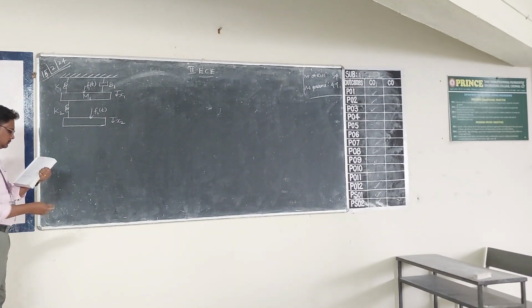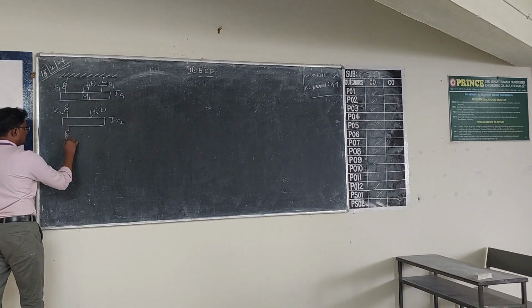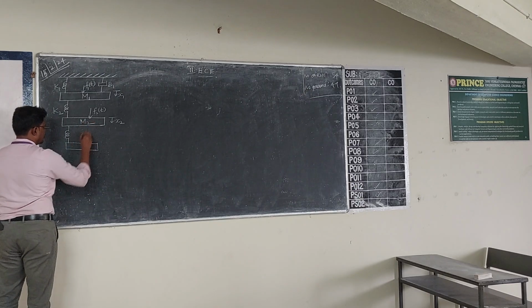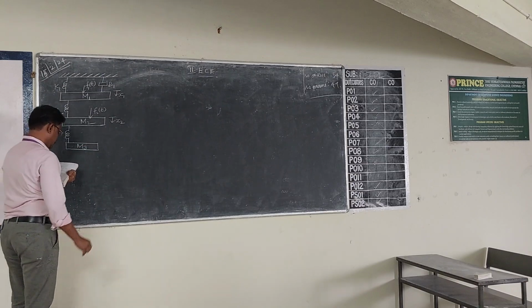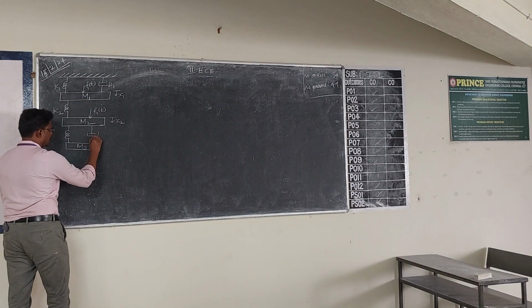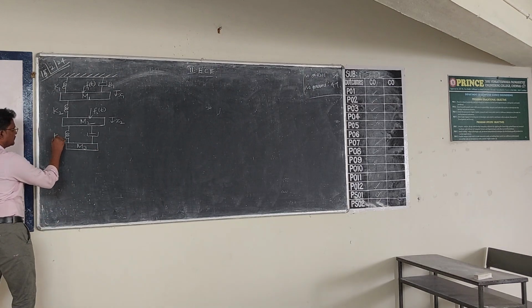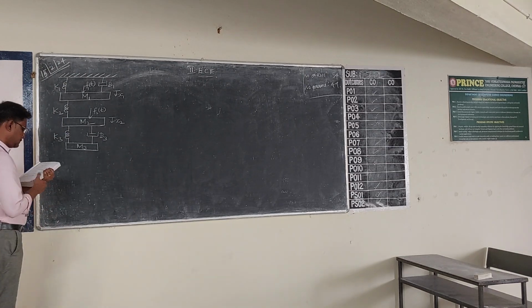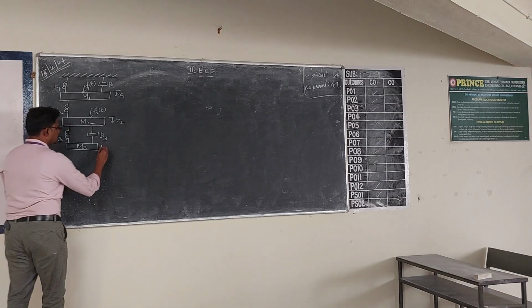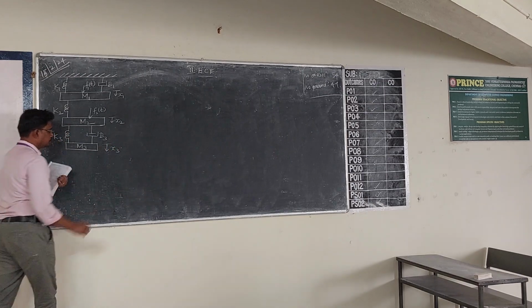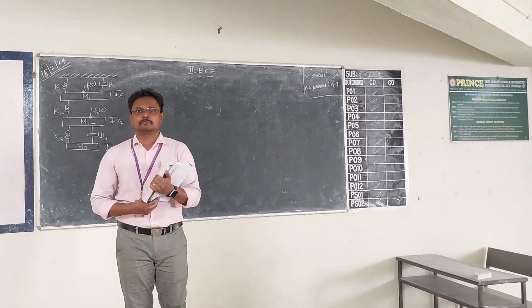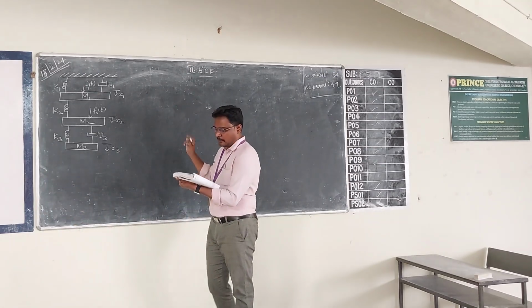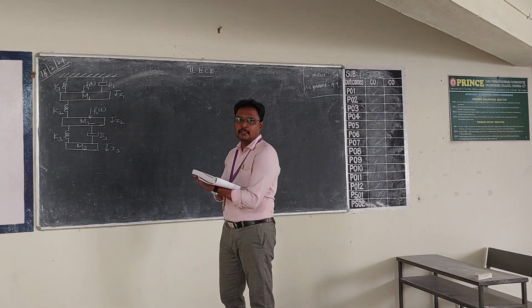ரெண்டு எஃப் வருது. Mass M1, K1, B1, F1 of t, X1.